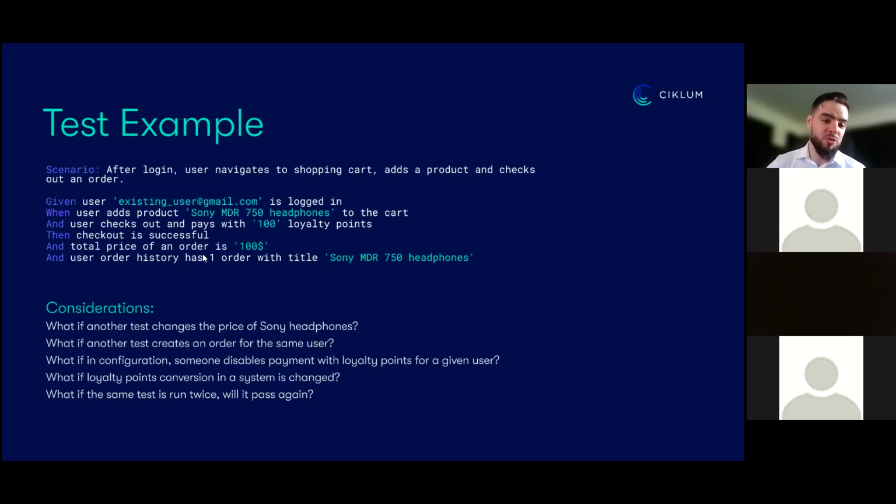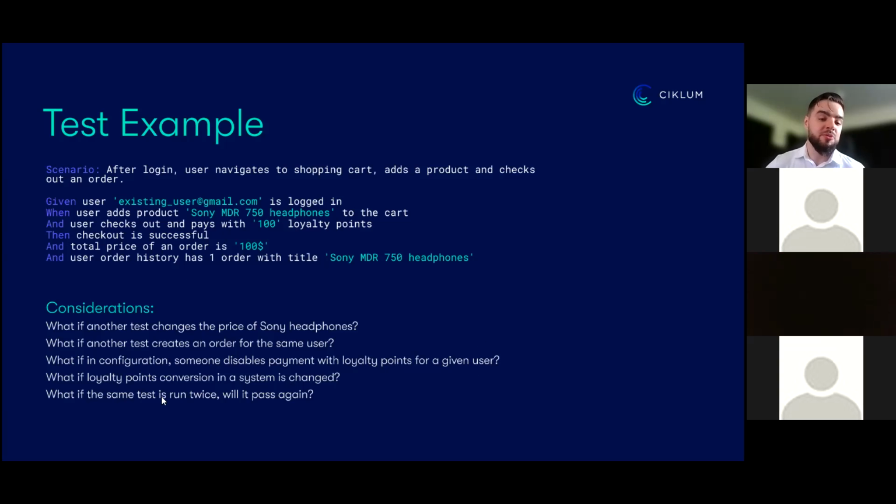But what's wrong with this test? There are a few considerations you can ponder. What changes the price of the headphones? We've taken an existing product, and anyone can go into the DB and change the price. Of course, the test will fail. What if another test creates an order for the same user? Then we're not going to have one order in the order history. What if someone disables payment with loyalty points for a given user in the configuration?